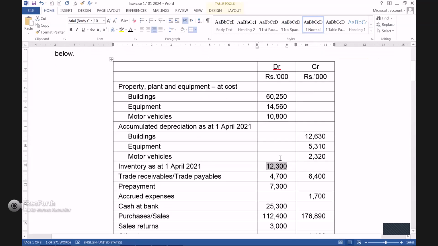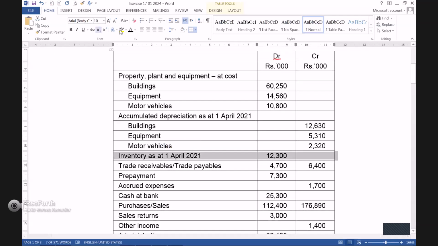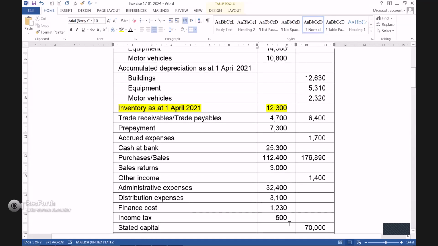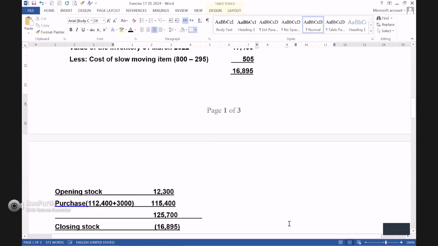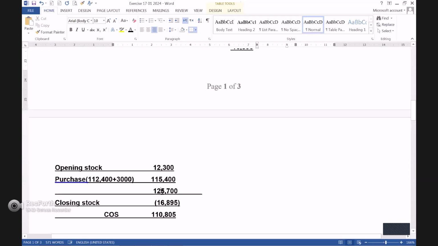Inventory asset for April 2021. The calculation was wrong. Wait. We will see. 127,000. Sorry. 127,000. So now it's okay. Now it's correct, no? Yes, sir. Okay, thank you. Sorry for that mistake. Okay, 127,000.